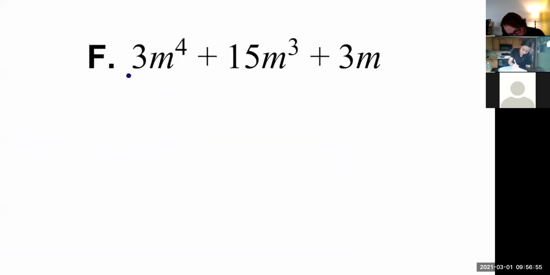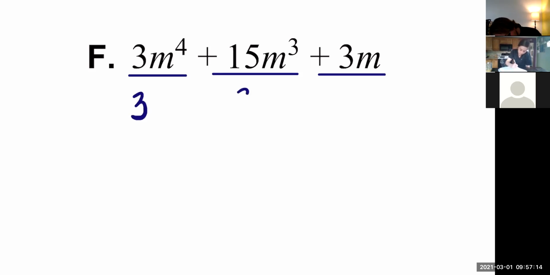So we have to satisfy all 3 terms. And again, starting with the coefficients, what's the largest value you could divide all 3 coefficients by? 3. I would agree. So 3 is going to work for all 3 coefficients.